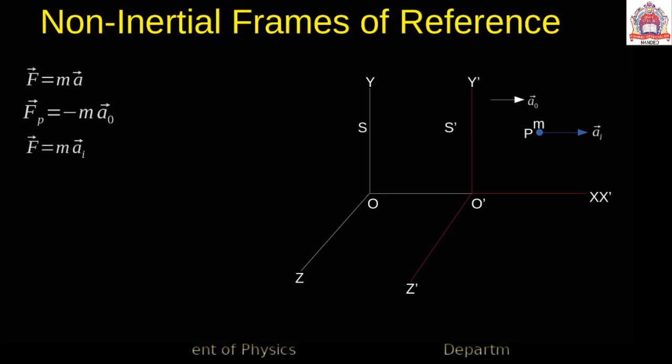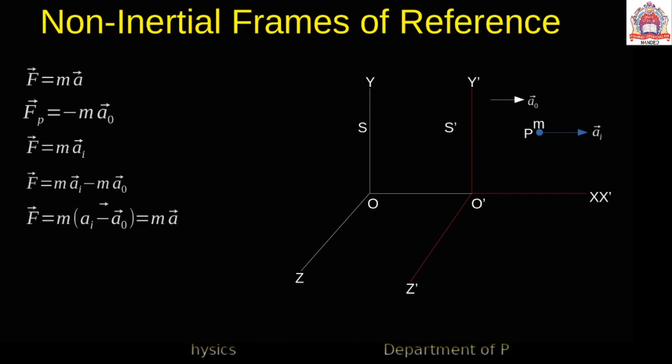Hence the total force acting on the particle as observed in frame S dash is given by F is equal to m aI minus m a0, where aI minus a0 is equal to a, the acceleration of the particle as observed in frame S dash.